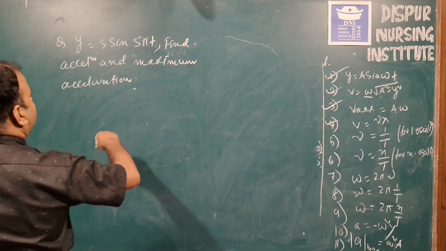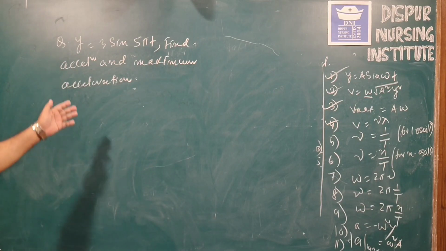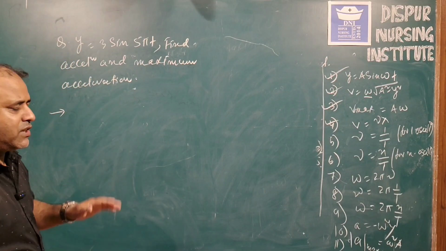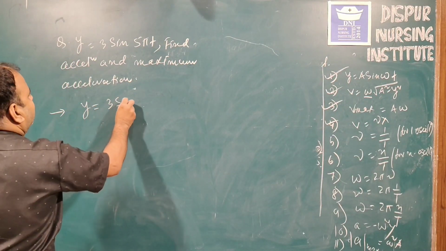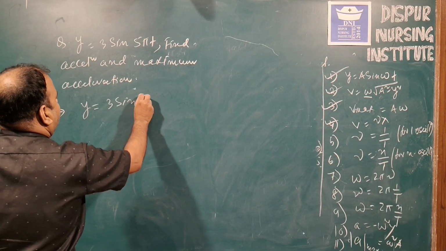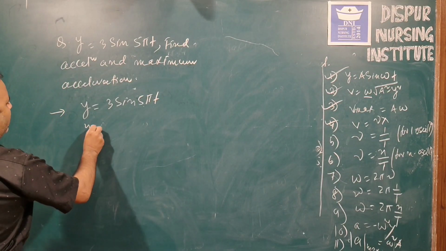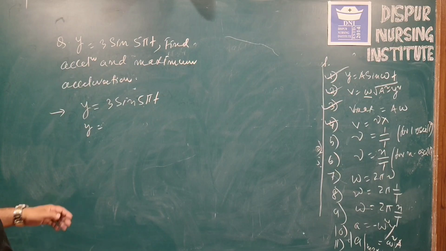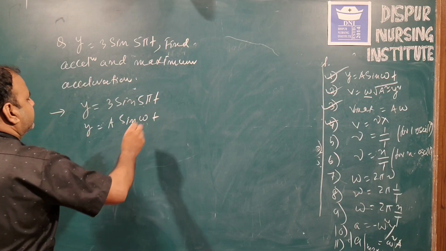So you can see here, this is the relation. Dear students, in short, I have given the question: y is equal to 3 sin 5 pi t. In this case, y is equal to A sin omega t.